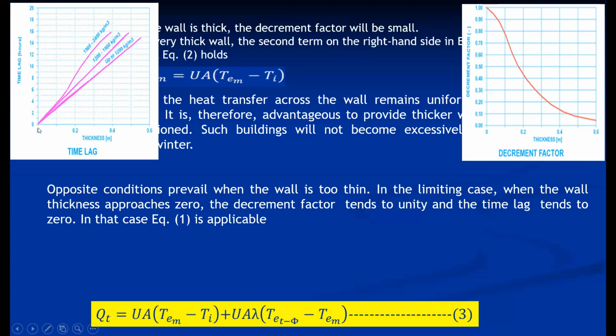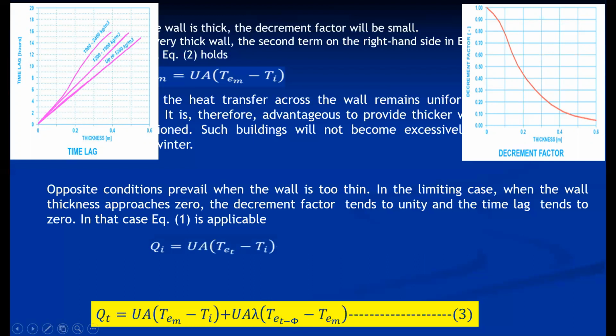So for a very thin wall, almost 0 wall, it is close to 0. So if this is 0, so this is TE minus TEM. So TEM gets cancelled. So if we resolve this particular equation, for the limiting case, lambda tends to unity, and phi tends to 0.